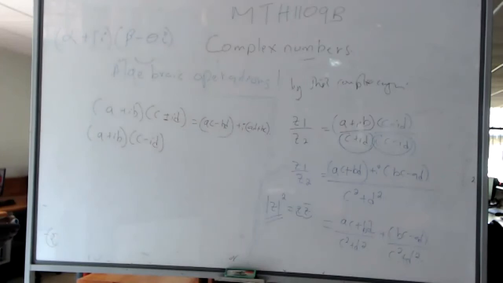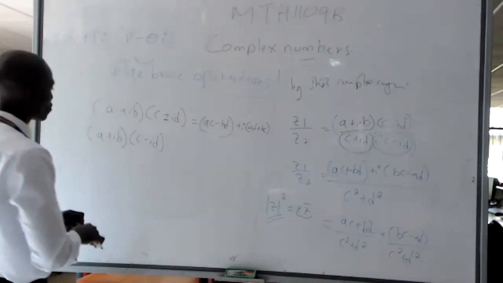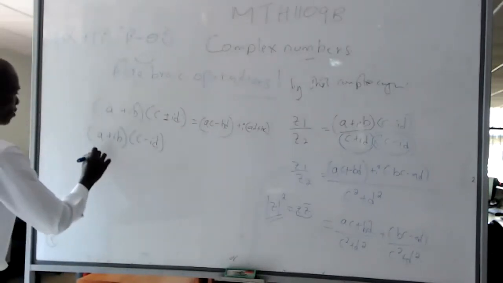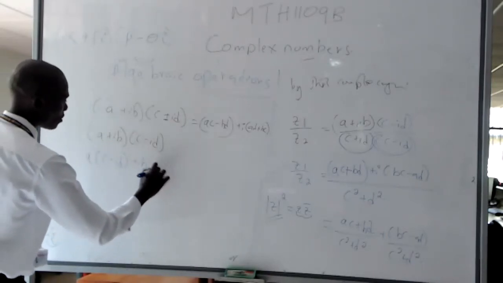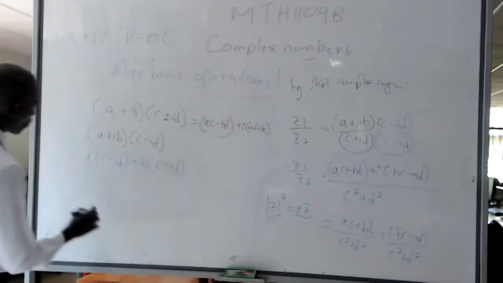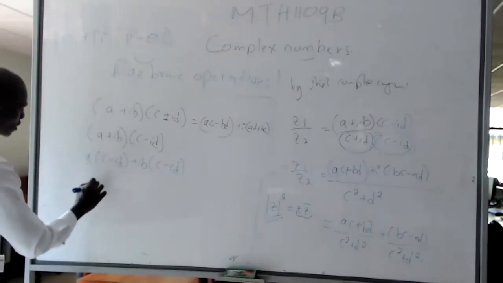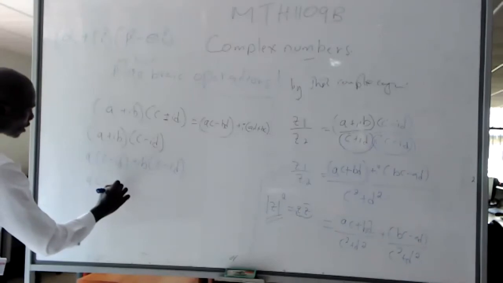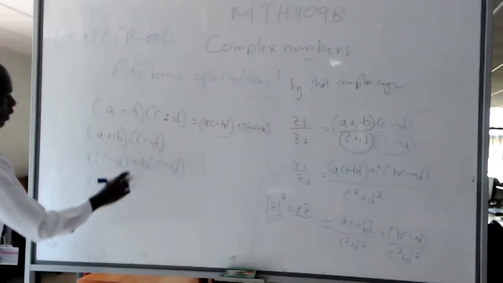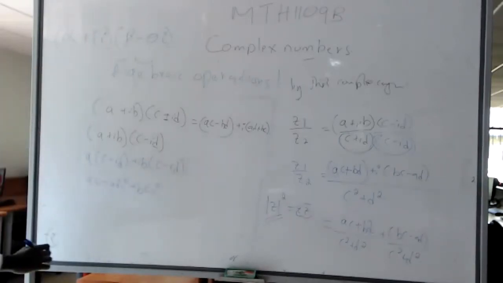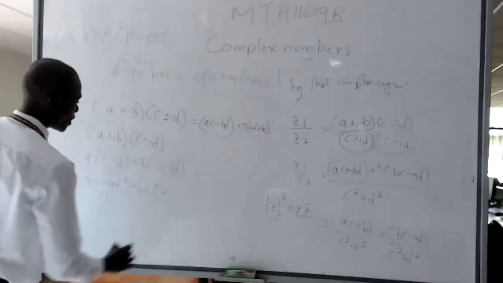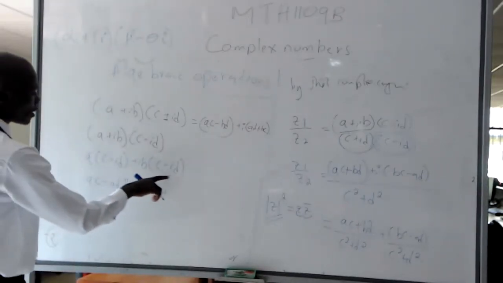All right. So let me show you how you arrive at that. You take A multiplied by C minus ID plus IB multiplied by C minus ID. Now A times C is AC. A times ID is minus AD I, plus IB times C is BC I, okay, plus, then what do you have here?